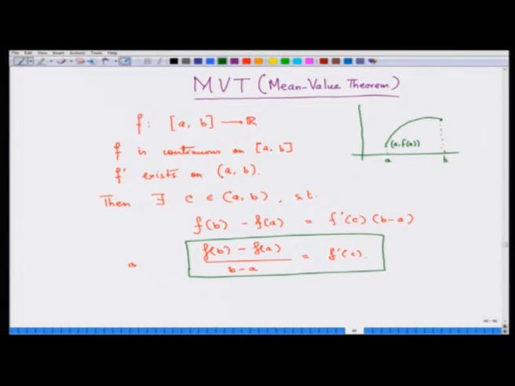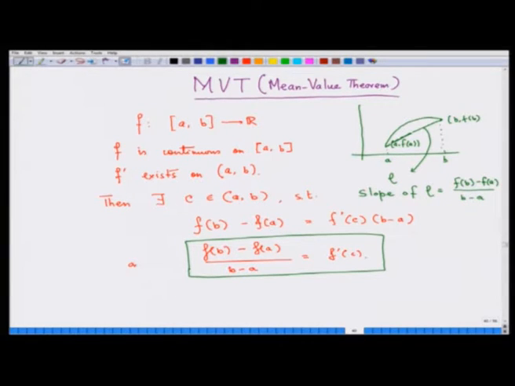The coordinates of this point are b and f(b), the endpoints. Now let us join these two endpoints (a, f(a)) and (b, f(b)) of the graph by a straight line. If I write this line as L, then the slope of L is equal to f(b) minus f(a) by b minus a.